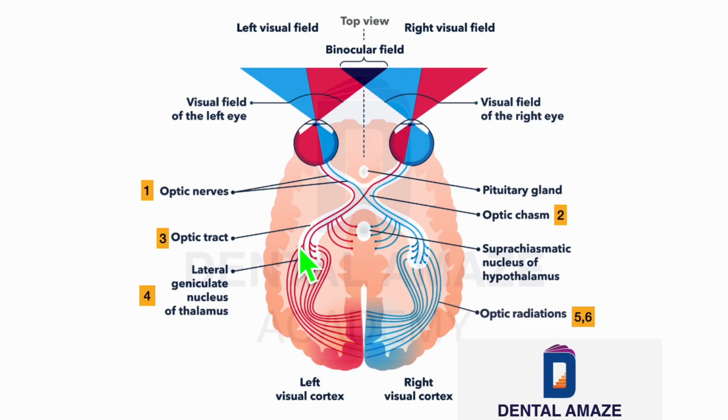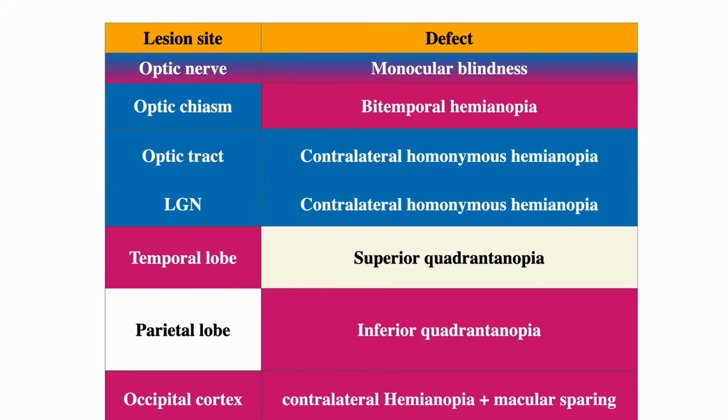That continues as it is even for your lateral geniculate as well as your visual cortex. The minor difference between these two is symmetry and pupillary reflex, and finally coming on to your visual cortex, your macular sparing, and in between you have got your optic radiations. Like I told you, temporal is superior, parietal is inferior.